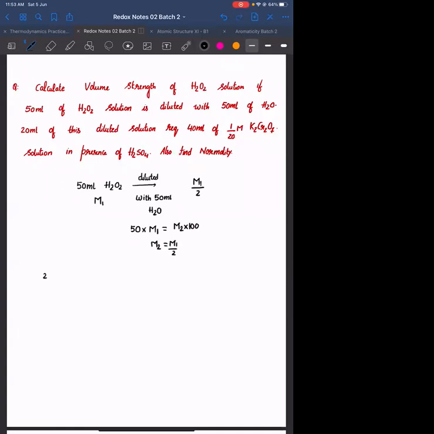I am taking only 20 ml of that solution. 20 ml of solution having M1/2 molarity, and this solution is of H2O2. It is titrated against 40 ml of 1/20 molar K2Cr2O7.